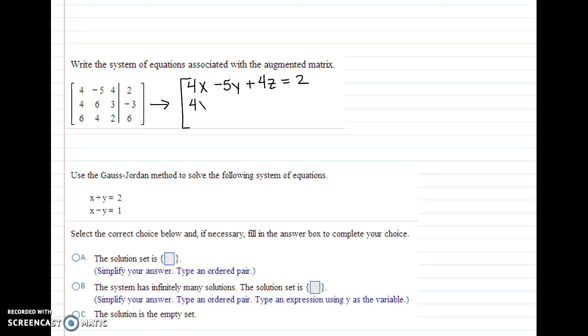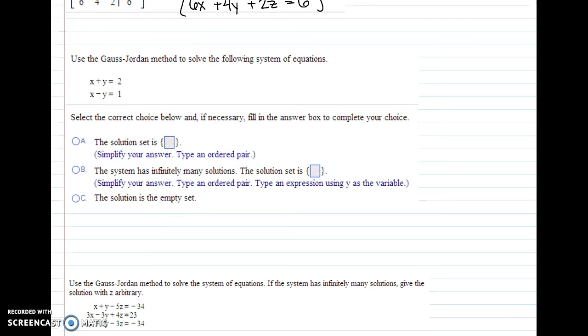Second equation would read 4x plus 6y plus 3z equals -3. And then our last one would be 6x plus 4y plus 2z equals 6. So this system of equations is what would have produced that augmented matrix. And obviously the augmented matrix is much shorter and quicker to write because you don't have to write all the letters and the equal sign.